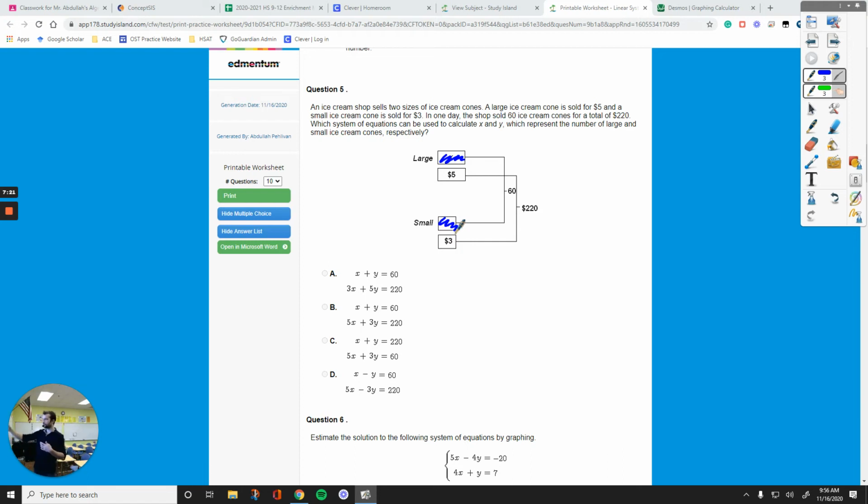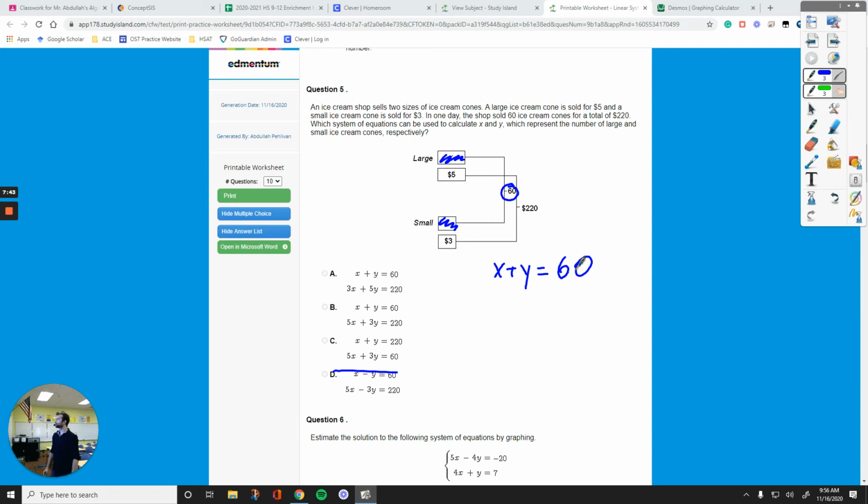Looking at them, I'm thinking this is about the total number. I wouldn't pick this one. Let's just read the question. Conceptually, it is probably x plus y equals a number, and that number equals 60. Yeah, x plus y equals 60. That's what we have.